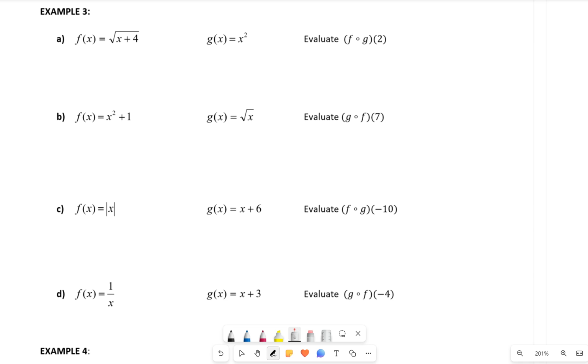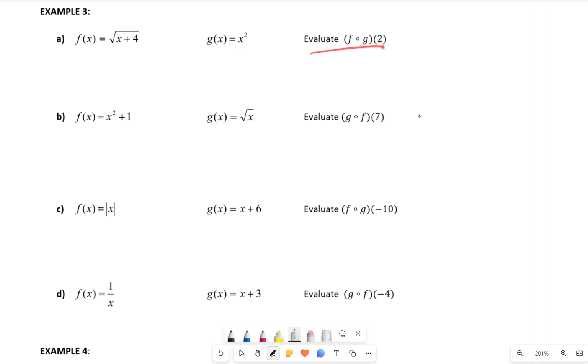So this brings us now to example number 3. Notice that we're still giving you two functions, one f of x and one g of x. I usually use f and g, but just know functions can be named with any letter: m of x, g of r, t of s. Anyway, we're remaining with the consistent f of x and g of x.